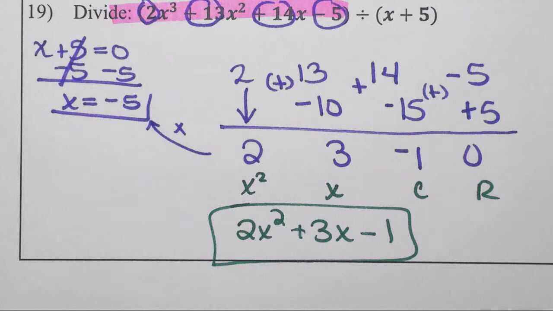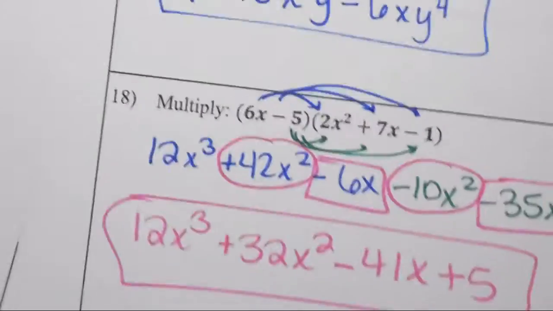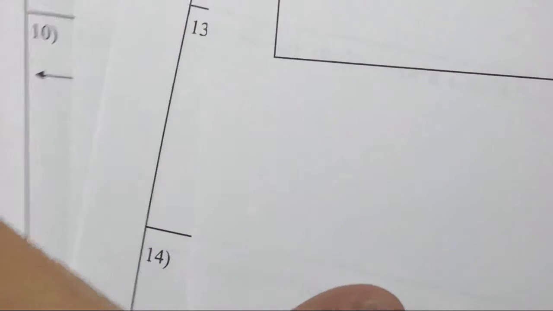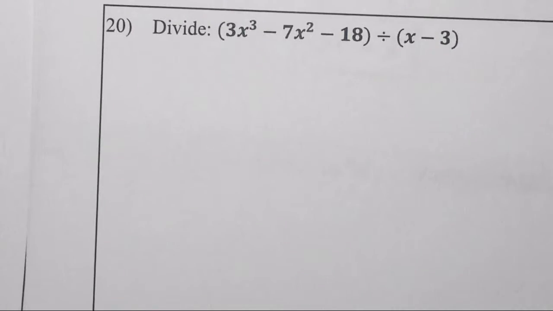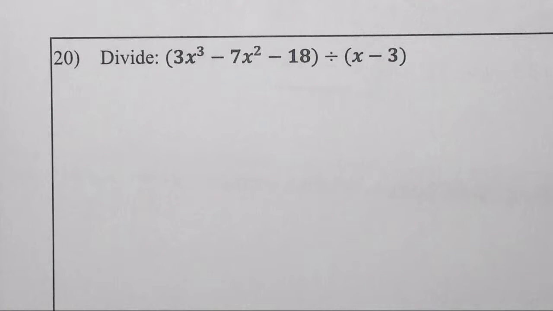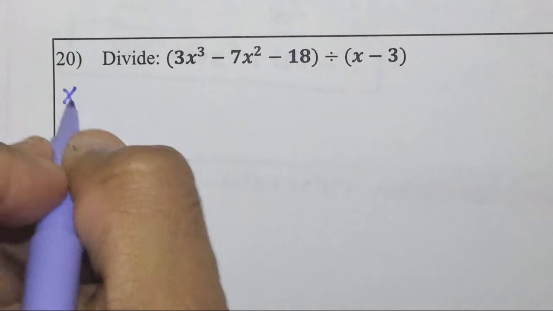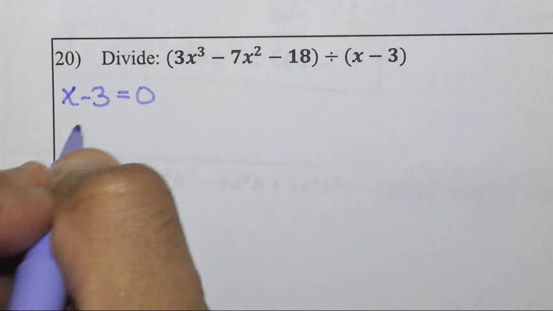And then we have one more, number 20. If we take a look at number 20, same type of problem: x minus 3, set it equal to 0.